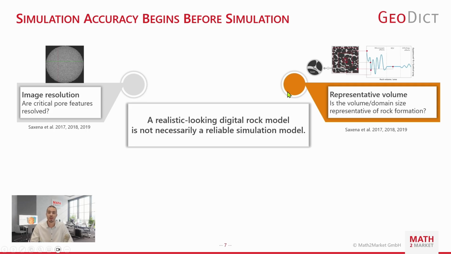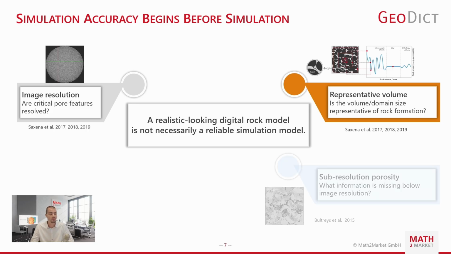The second question is the representative volume, which is a trade-off between image resolution and volume, where we have to ask ourselves whether the scanned rock volume is sufficient to represent, with high confidence, rock properties at that scale, for example porosity, absolute permeability, capillary pressure curves, and other properties.